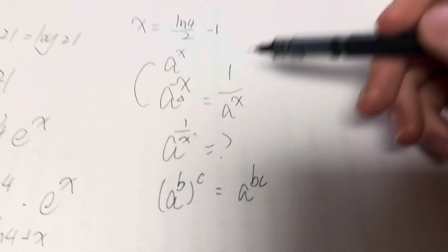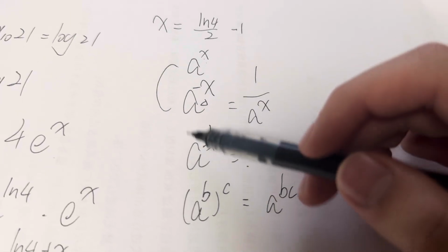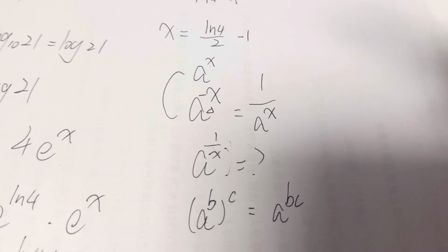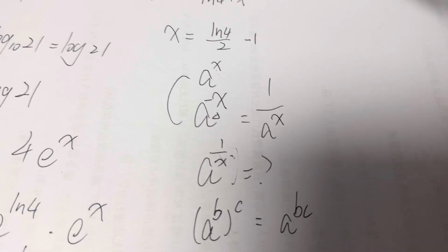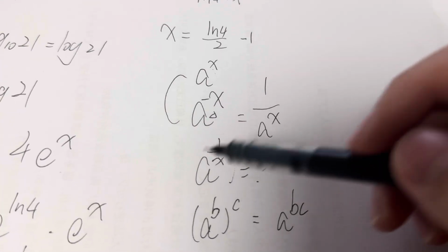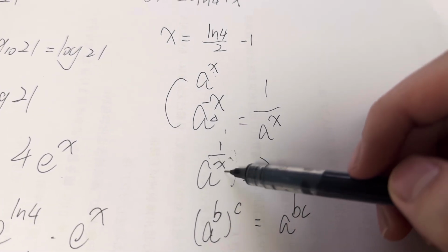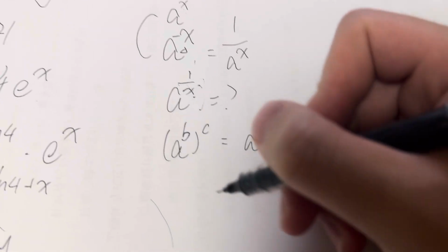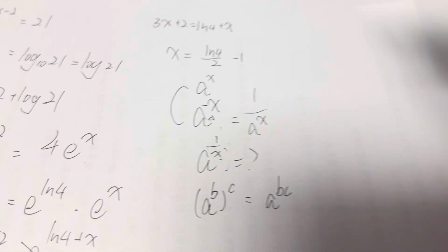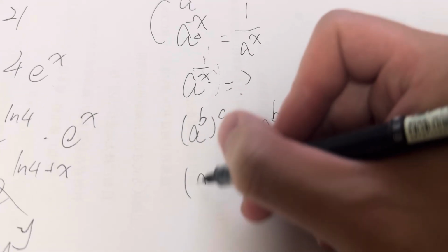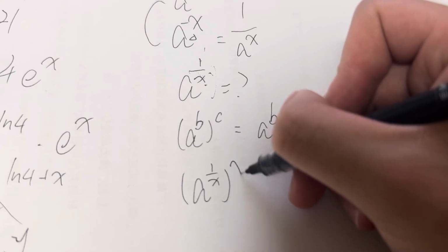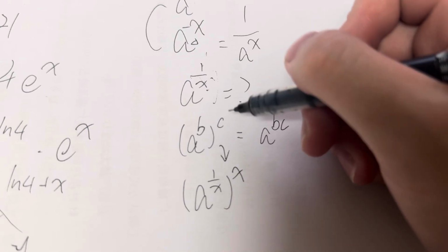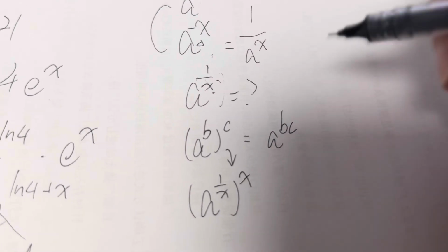If we want a number to be the power of 1 over x, the better idea is, I don't know if my English is correct, to do something like this, because a to the power of b then to the power of c is equal to a to the power of b times c.